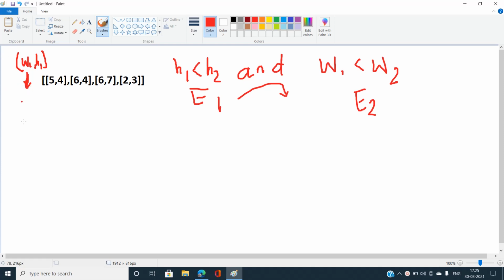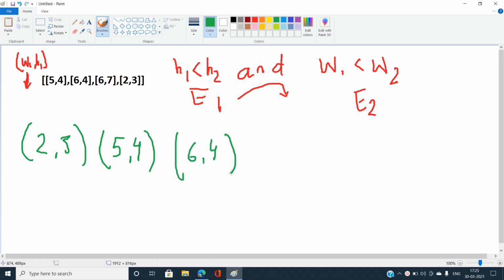So if you sort with the help of the first key, then you can see we have the parameters like 2 comma 3 as the first one, and the second one will be 5 comma 4 simply. And what about the third one and the fourth one? It is simply 6 comma 4, and 6 comma 7. Okay, so these are the keys.